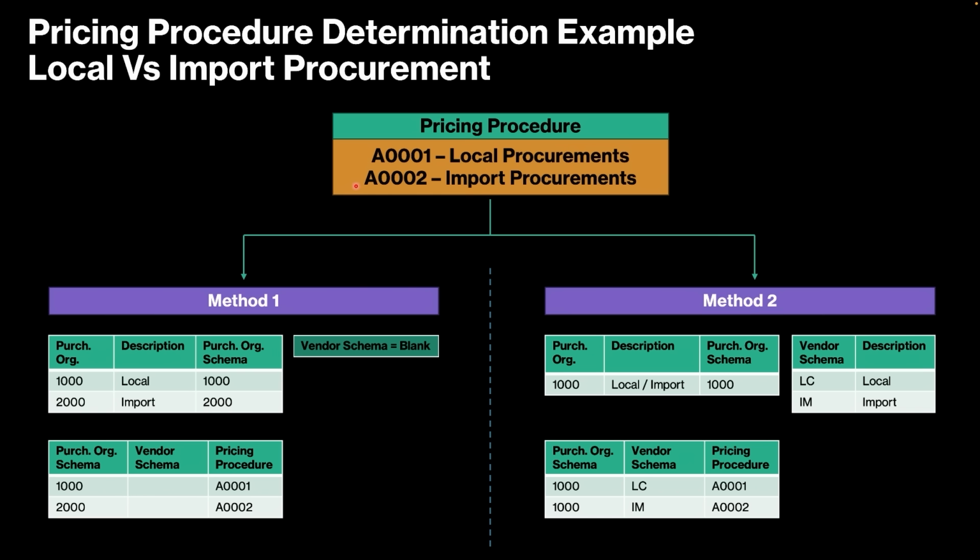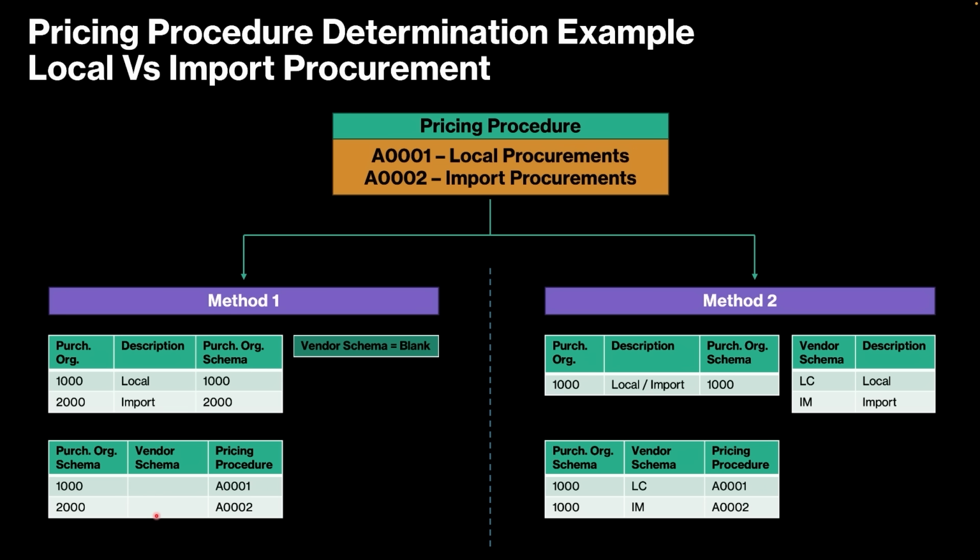So in method 1, we'll create separate purchase organizations for local and import procurement, and we'll assign these two purchase organizations to separate purchase organization schema, and we'll keep our vendor schema as blank. That is, for each vendor, we'll not enter any vendor schema, and we'll configure these two pricing procedures against these two purchase organization schema with this blank vendor schema.